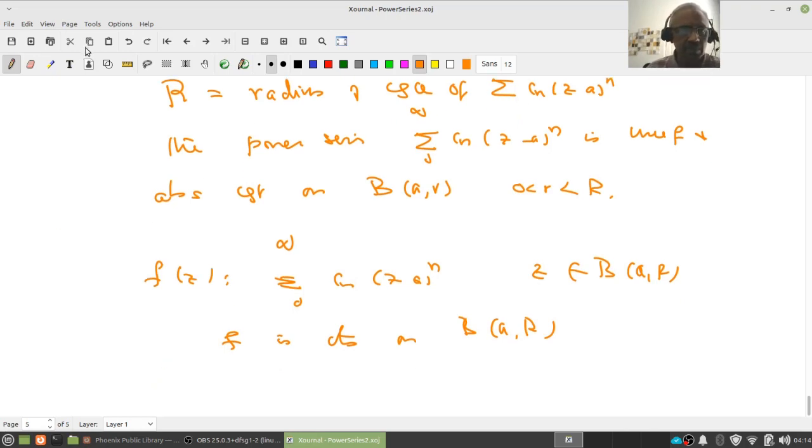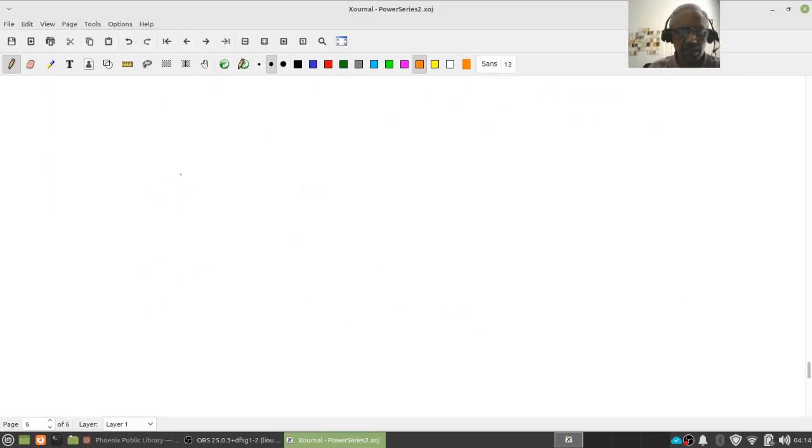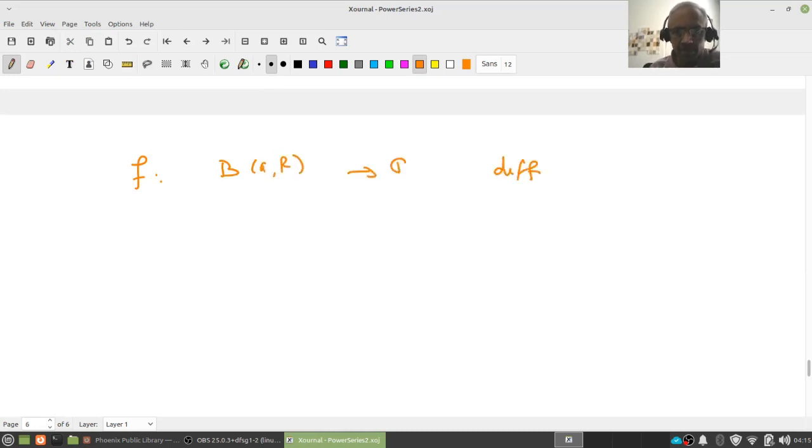The next thing I would like to show is that it is differentiable. Now f is a function from B_a(r) to C. You want to know whether it is differentiable. If you look at the motivating thing where I used the exponential series, f(z) is summation Cn (z minus a) to the power n, 0 to infinity, and what we did was formally differentiate it term by term.